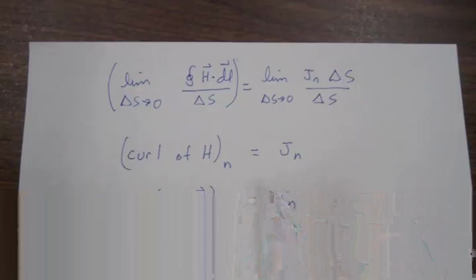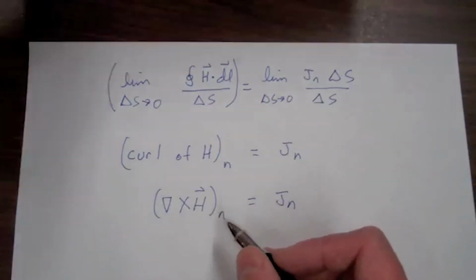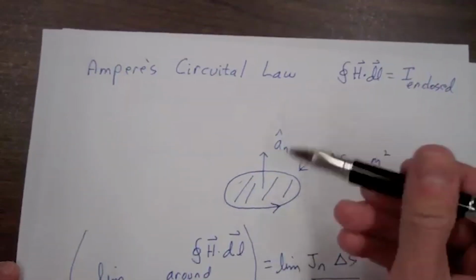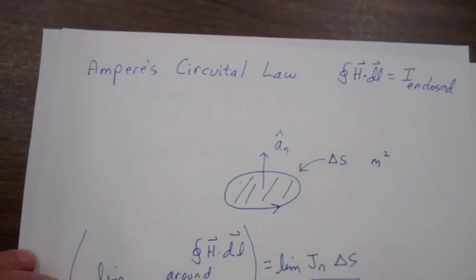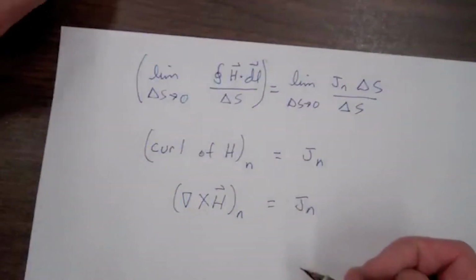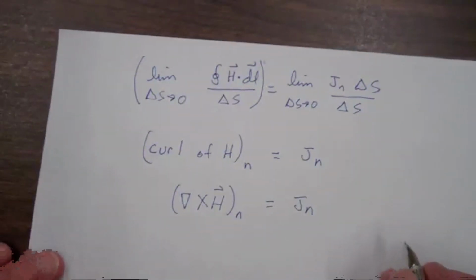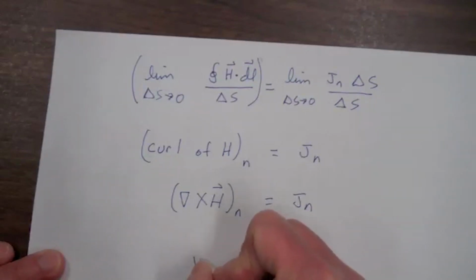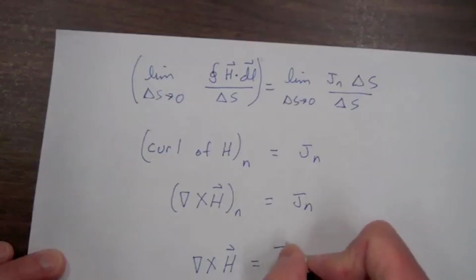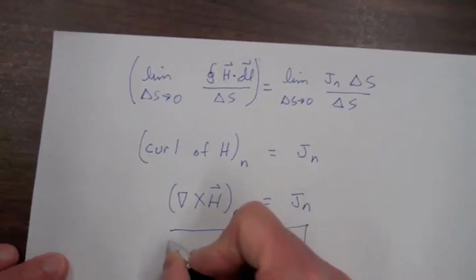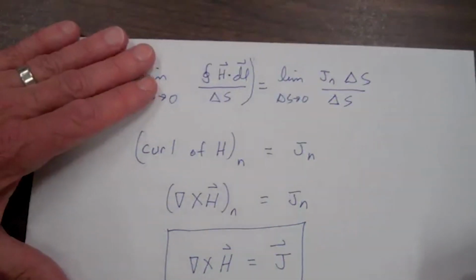So the process to find the three components of the curl of H would be to take three surface areas, one where the normal is in the x direction, one where it's in the y, and one where it is in the z direction, to find our components of the curl of H in the three unit vectors in our coordinate system. So the curl of H would just then give us the total current density. And this is Ampere's circuital law in point or differential form.